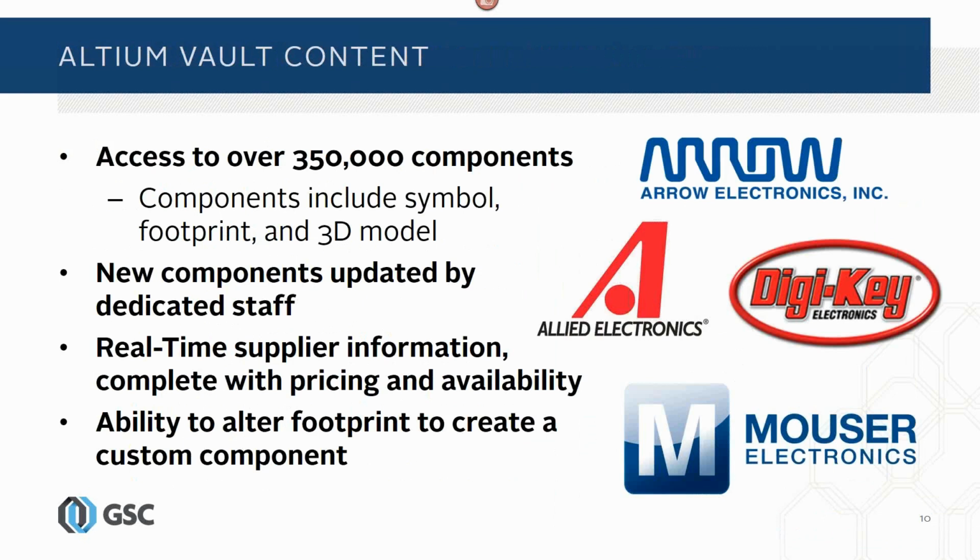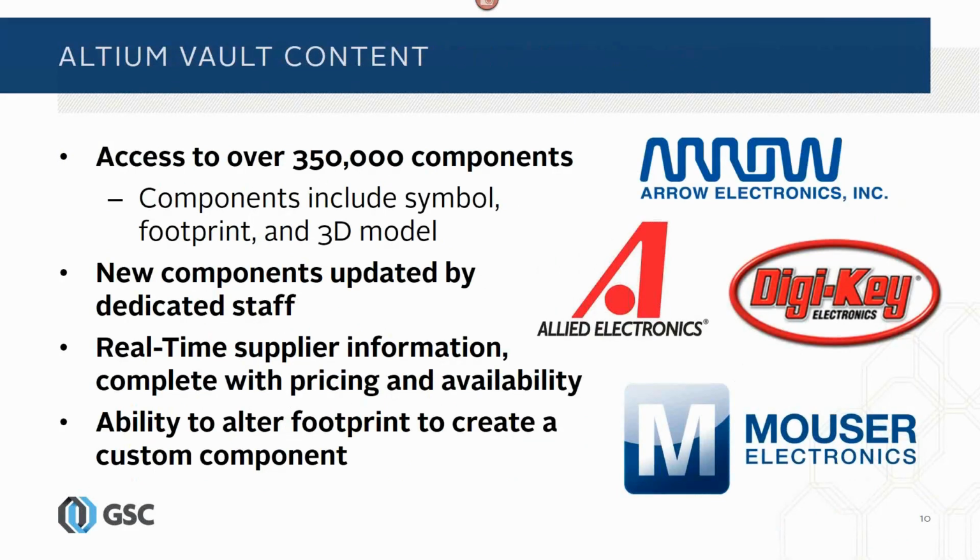All right. We talked a little bit about this. I want to mention the Altium Content Vault because it's something that people talk about a lot. You get access to a bunch of different components. The components are updated, there's supplier information, and there's the ability to alter something if you need to.